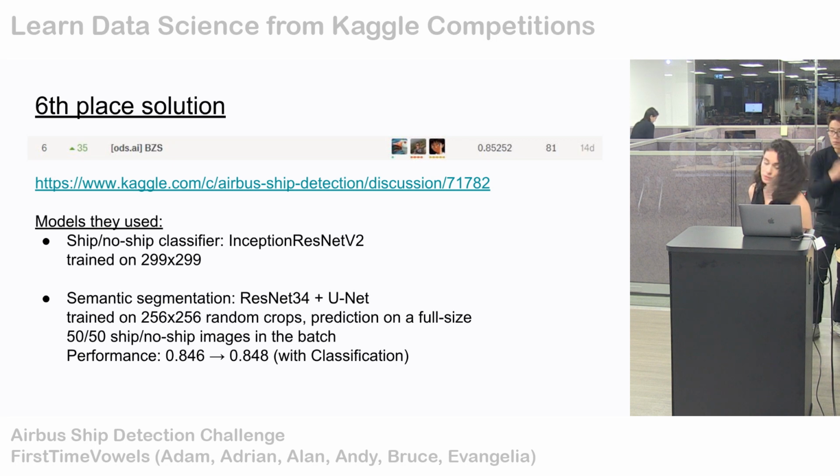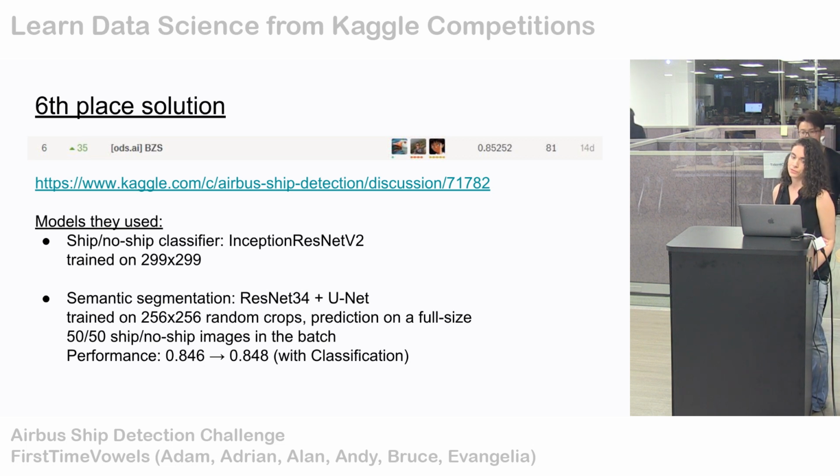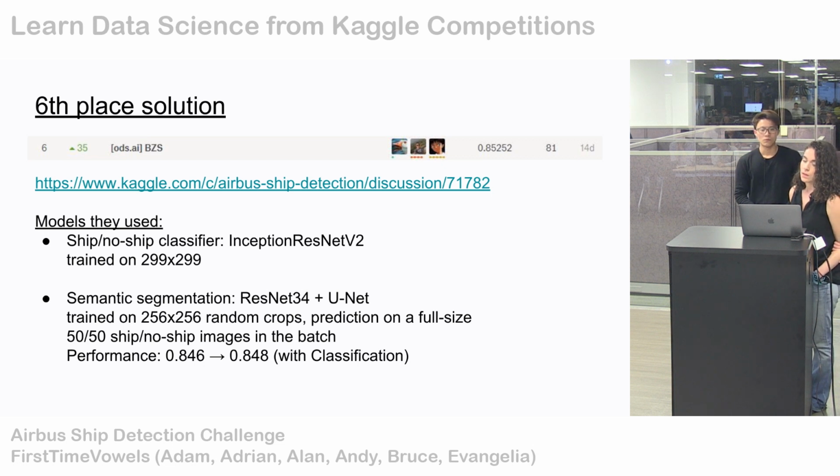So another solution that we'll see was the one that took the 6th place, and the score was 0.852. They tried a bunch of different things. They first used the model that had a SIP, no SIP classifier.